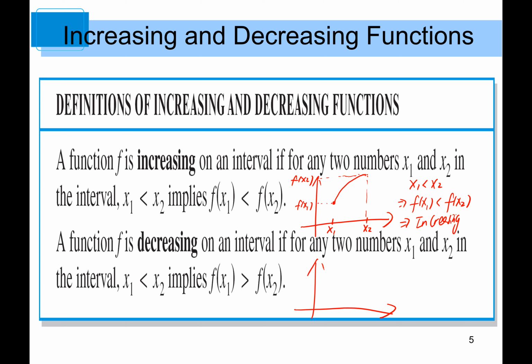Okay, a function f is decreasing on an interval if for any two numbers x1 and x2 in an interval, and if x1 is less than x2, it's guaranteed that f of x1 is always greater than f of x2.